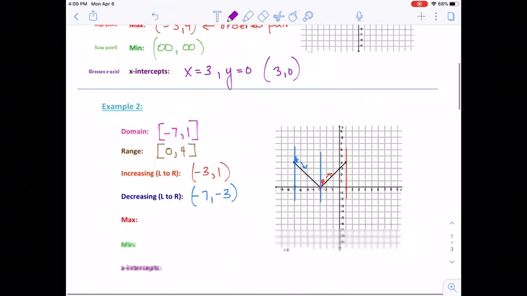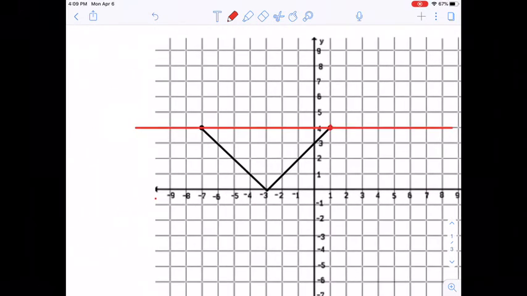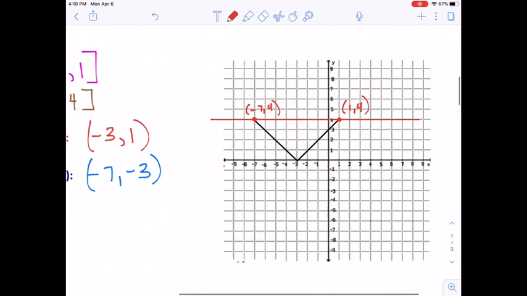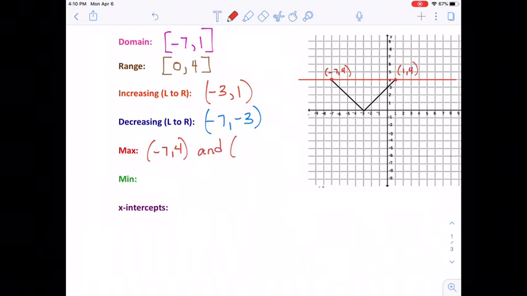Let's look at example 2. In example 2, the highest point the graph reaches, there's actually two places where it reaches its high point. At -7, 4 and at 1, 4. Again, those are ordered pairs on maximum and minimum.